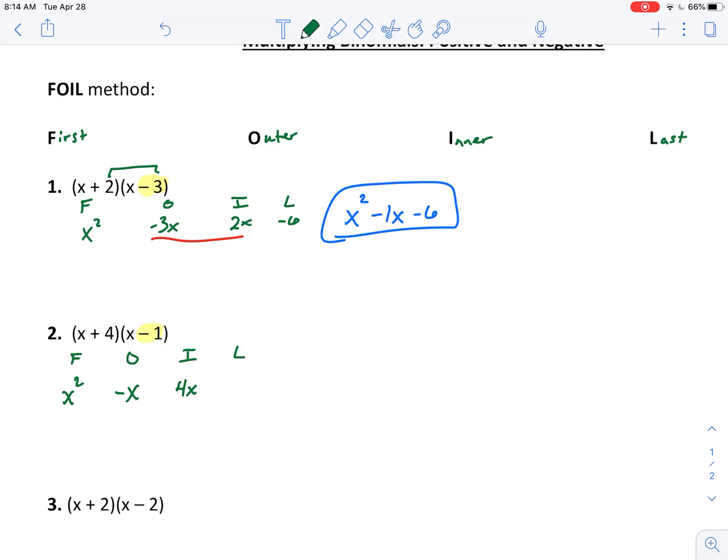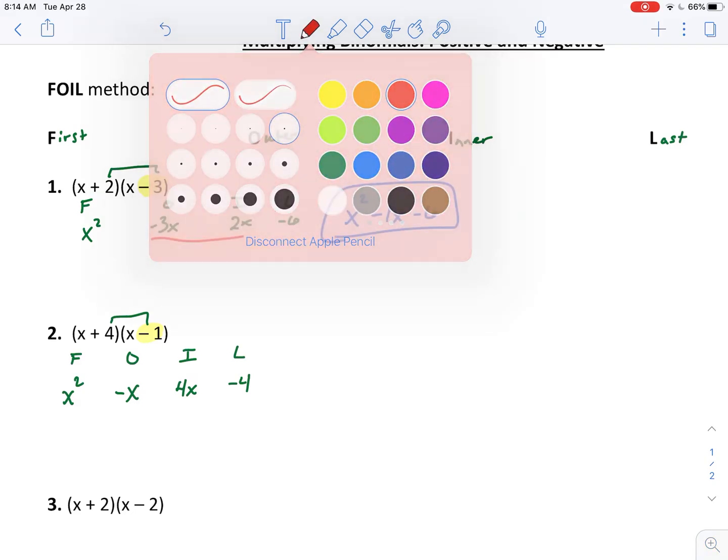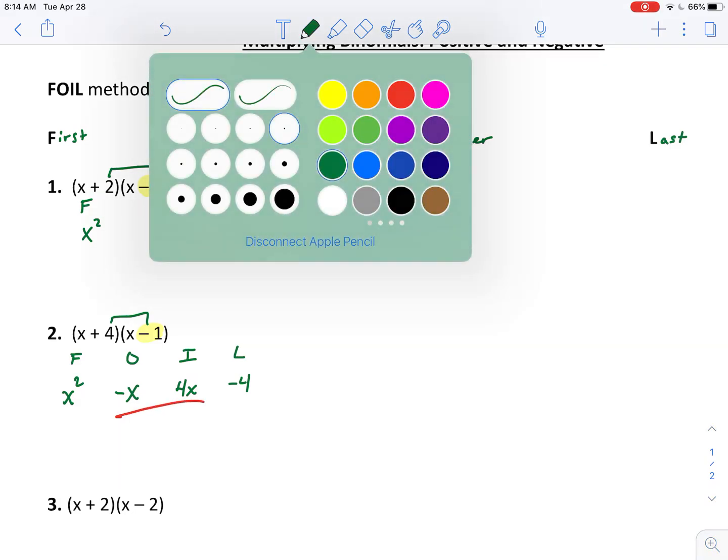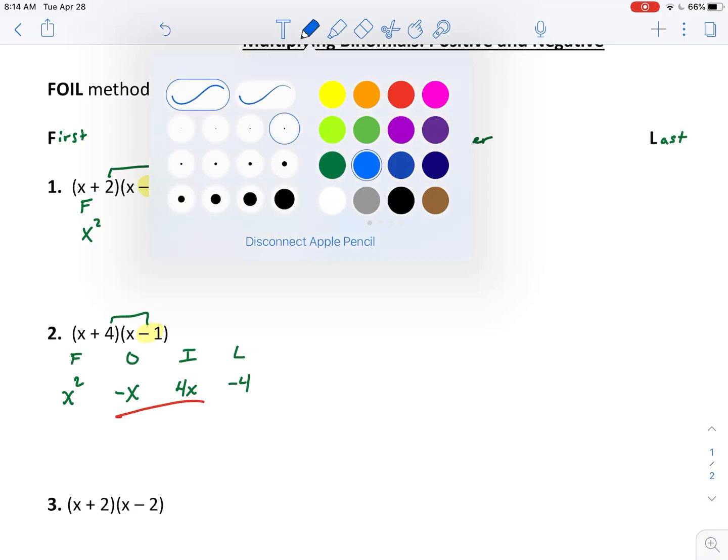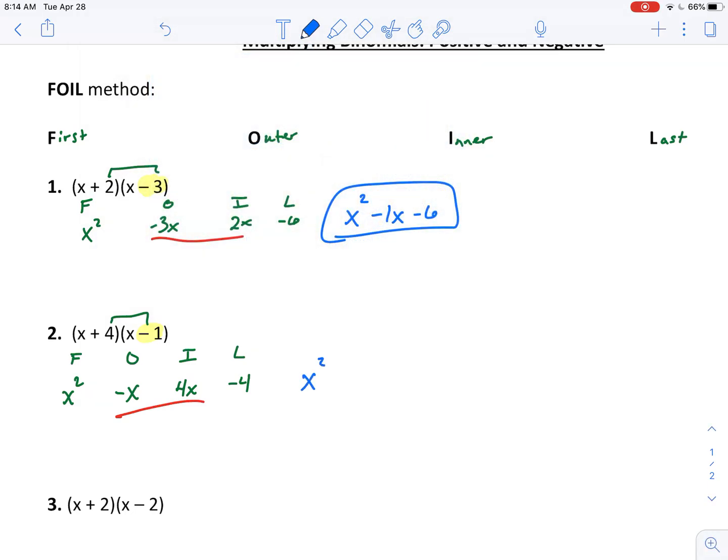Alright, first is x times x is x squared. Second, I've got the outers, x times a negative 1 is going to be negative x. I've got inners, 4 times x is 4x.